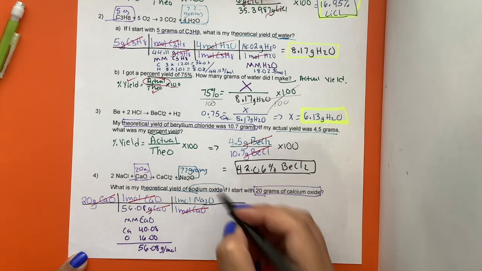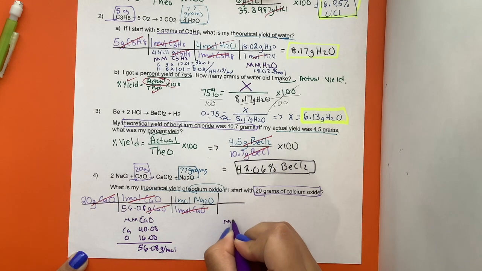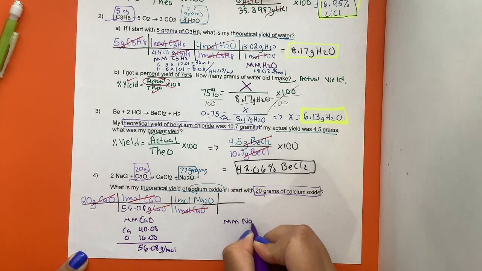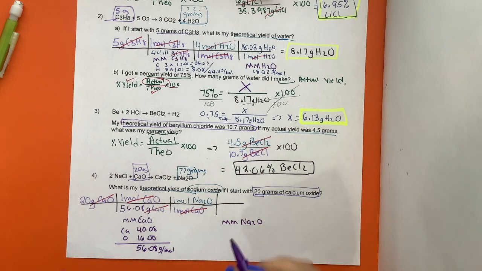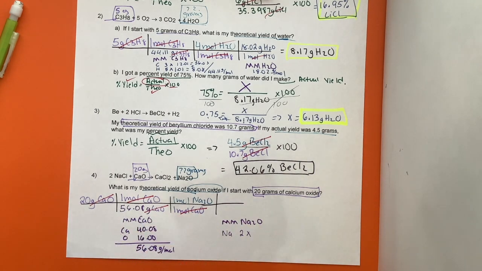Now I'm in moles of my product, but I want to do one more step in which I go from moles to grams. And I do that by using the molar mass of Na2O. So I have sodium, 2 of them, times the mass of 1 sodium, which is 22.99.